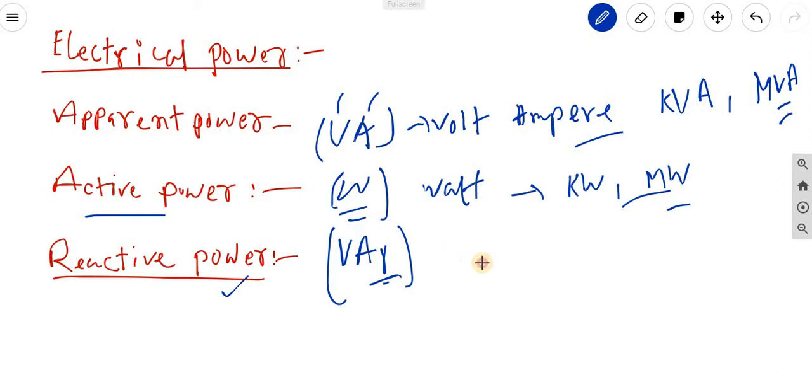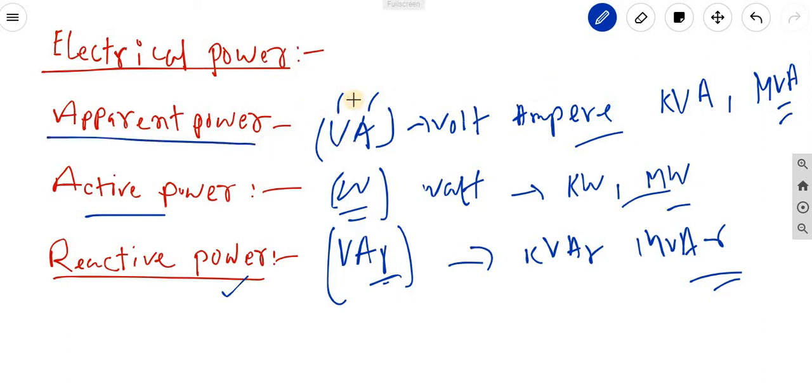And this one we can present kVAR, MVAR. So these are the units: apparent power is presented in VA, kVA or MVA. Active power is presented in kW, MW or watt.